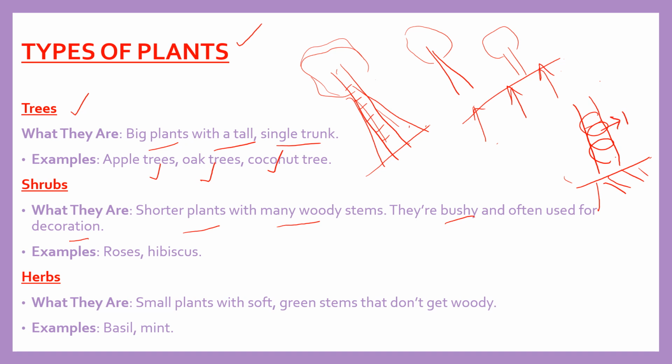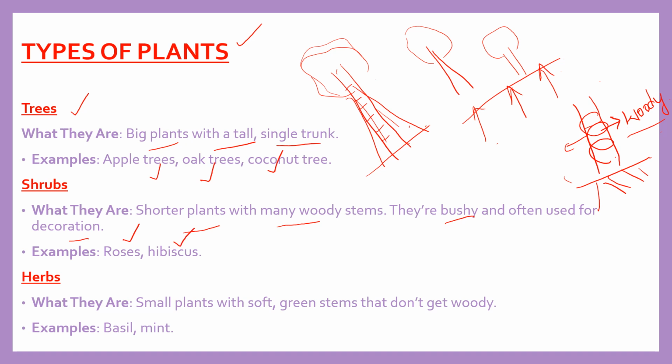This is woody. It means that when you see some furniture, you will be seeing your sofas and doors, you will find it woody, right? So in the same manner, the stems of these shrubs will also be woody, okay, and these are shorter as compared to trees.